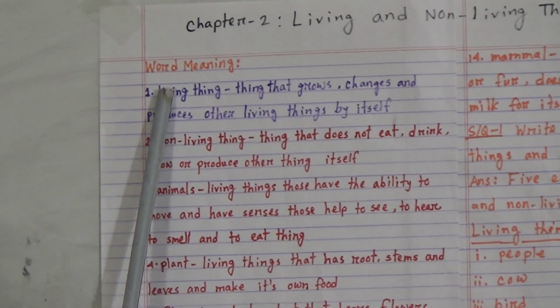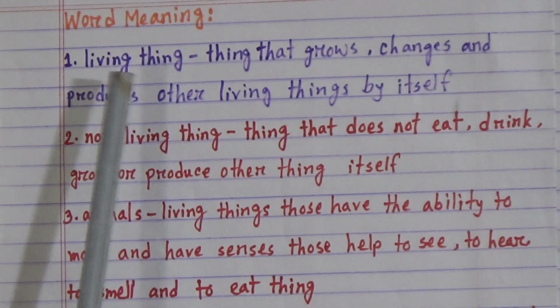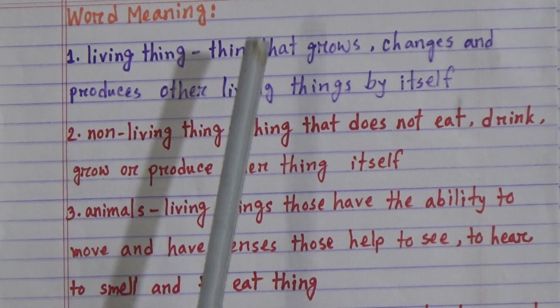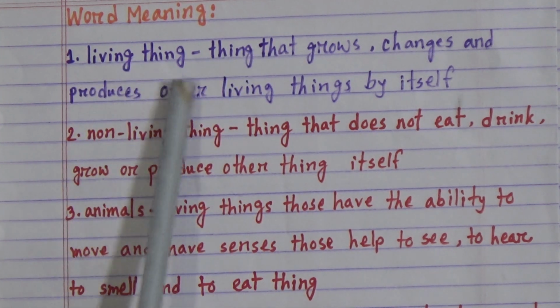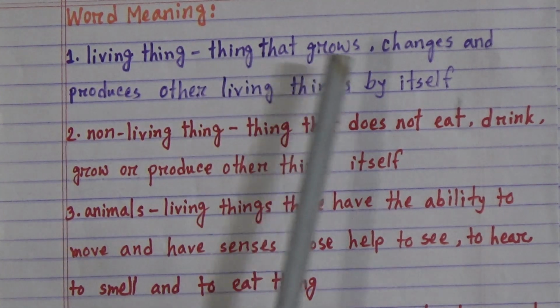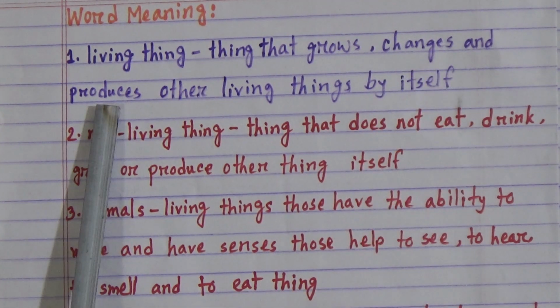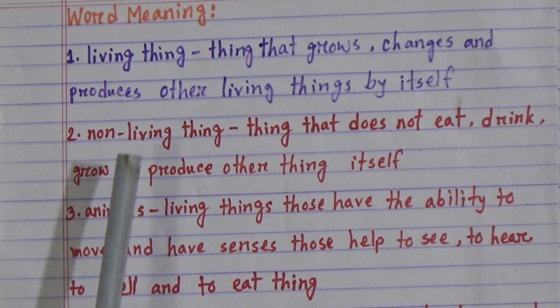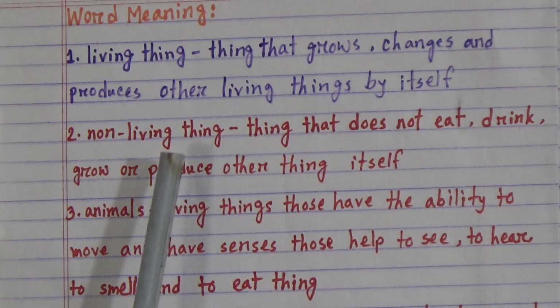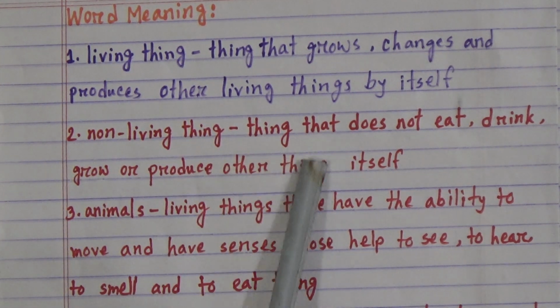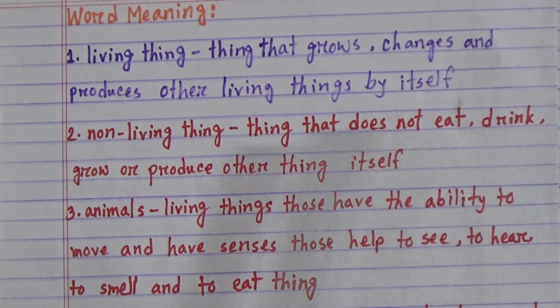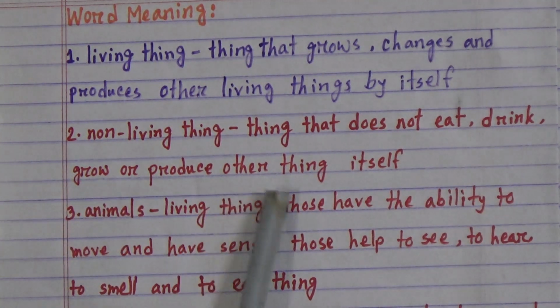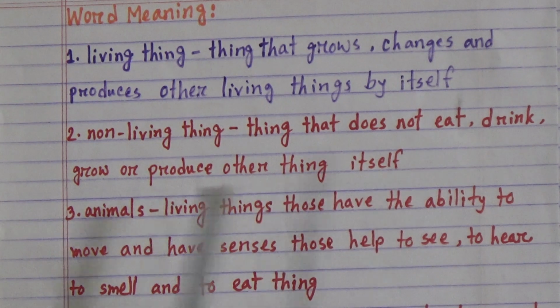Okay, word meaning. Number 1, living thing. What is the meaning of living thing? Thing that grows, changes and produces other living things by itself. Non-living thing. The meaning of non-living thing is thing that does not eat, drink, grow or produce other thing itself.